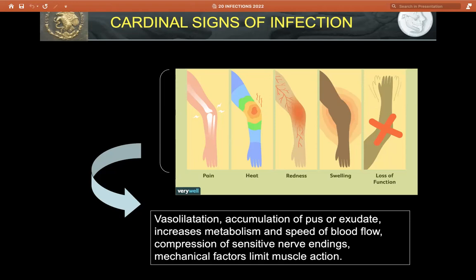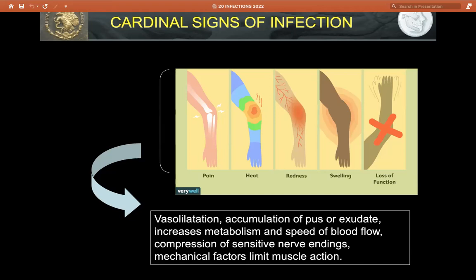For both, we have pain, we have heat in the area, we have a change of color in the skin, which will be redness. We will have swelling, and we'll have a loss of function. Because of the swelling, the part that gets infected will not work as well. Correct? Those are the things we need to make sure of.